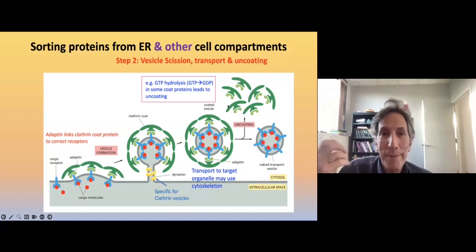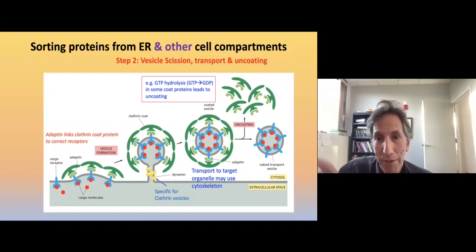It's not the same GTP that caused the assembly. It's actually hydrolysis of the clathrin coat itself. And as a result, you get what's called a naked vesicle. It's uncoated, and it's that which is able to fuse with the target organelle.